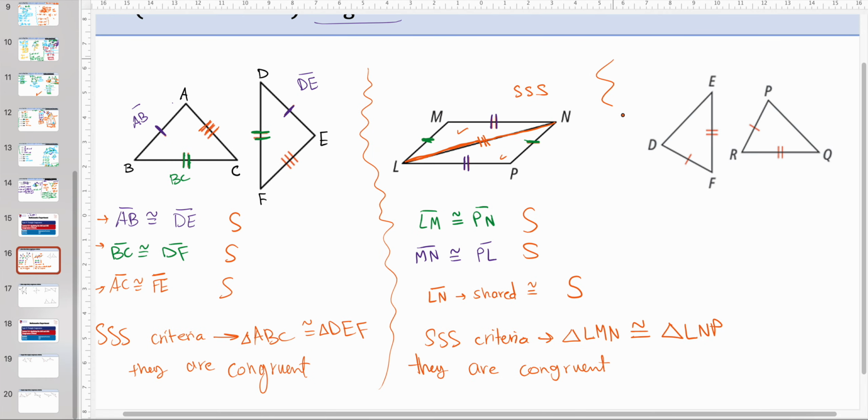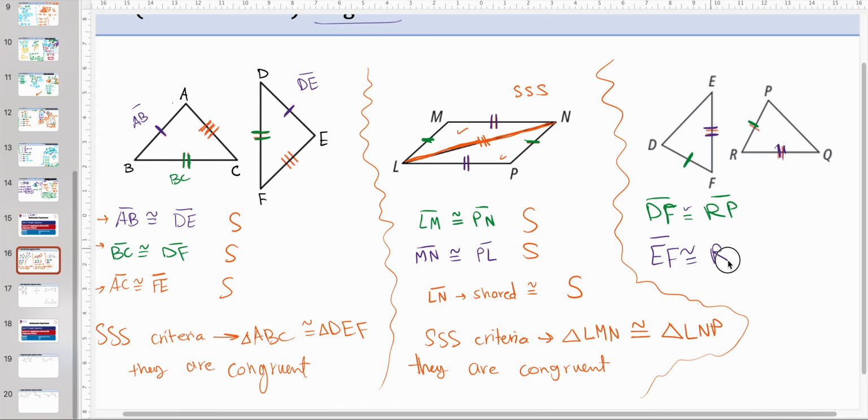Now let's do this example. It's not always clearly shown that the sides are equal. Sometimes there's a shared side. In this triangle, they said that you have this side equal to this side, so DF is congruent to RP, and they also said that EF is congruent to RQ.